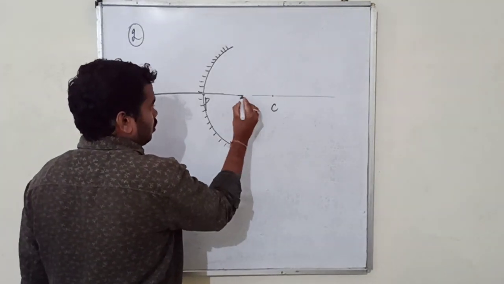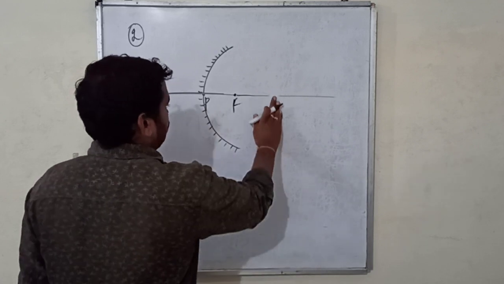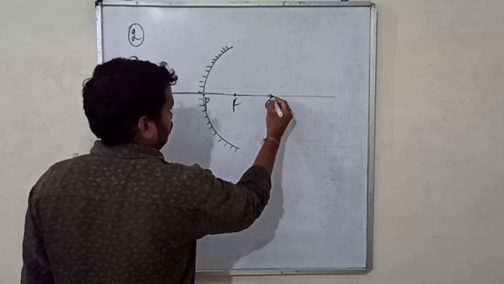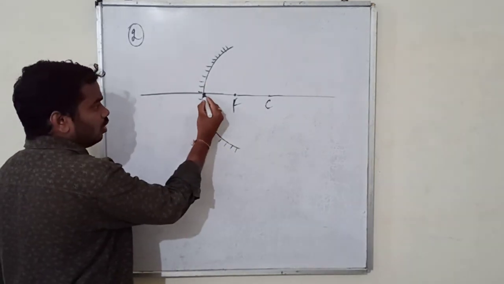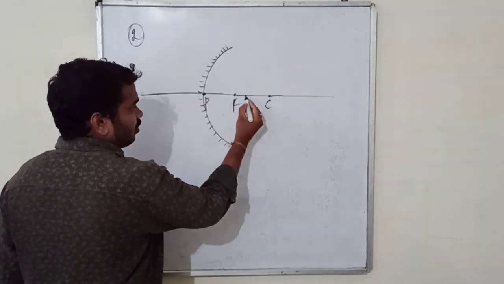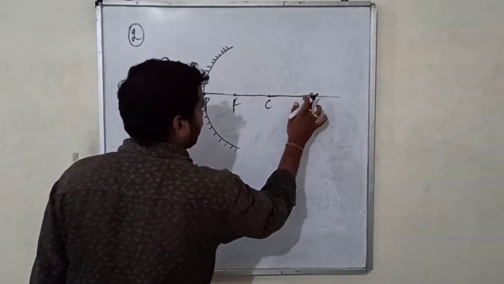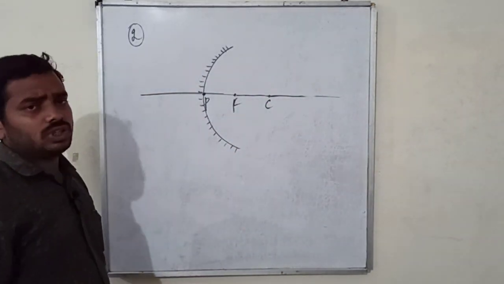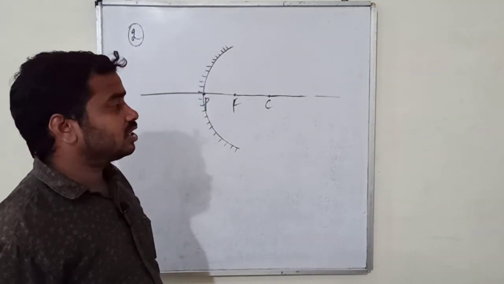Okay, sorry, it's not this exact center. So this is pole, focus, center of curvature. Kindly go through the second lecture, on reflection of light at curved surfaces, if you don't understand these terms.